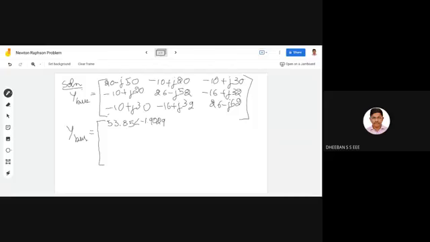So any doubts? Any discrepancy with respect to this answer? Initially, have you formed the Y bus matrix?